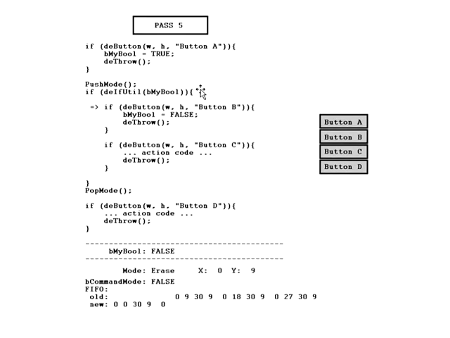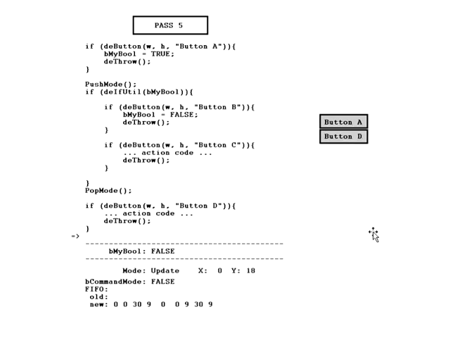So it goes in and executes buttons B and C in erase mode, making them disappear. Pops out of the if, and then it gets to button D, which knows its old position, knows its new position, and updates itself. And that's how it works.